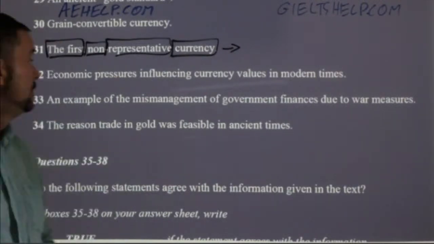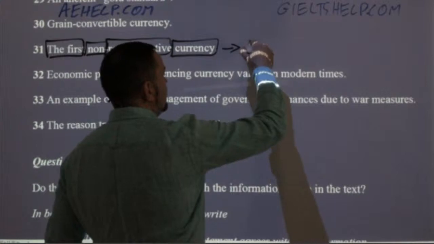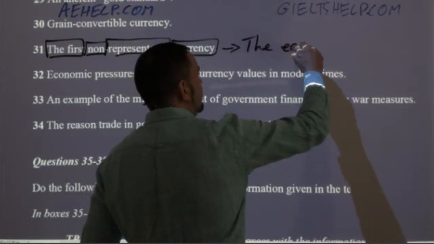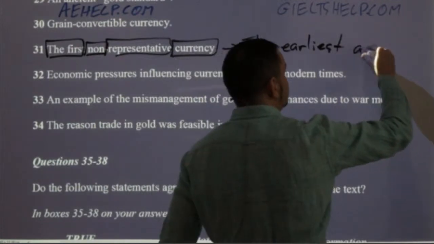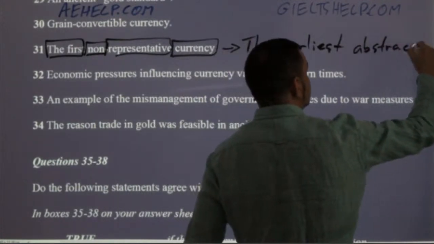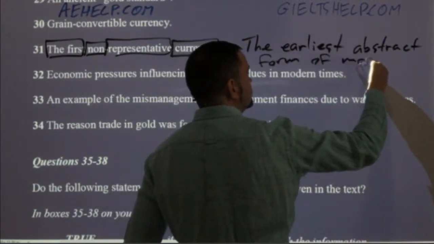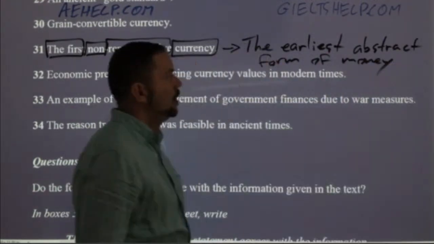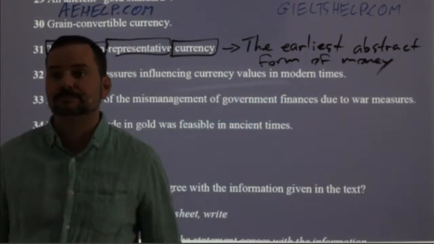Okay, the first non-representative. I'm going to start and then we'll compare. Okay, so I'm going to call it the earliest abstract form of money.